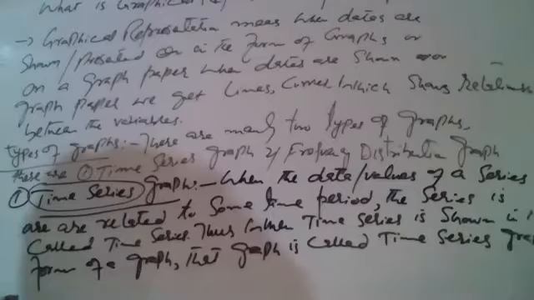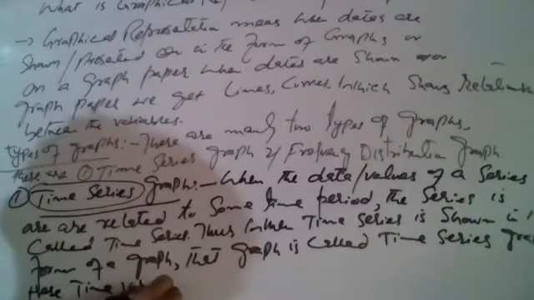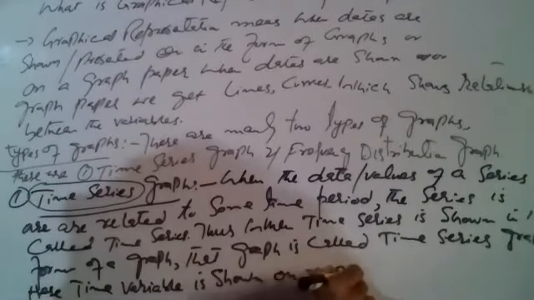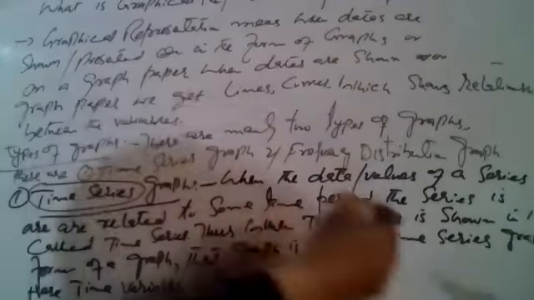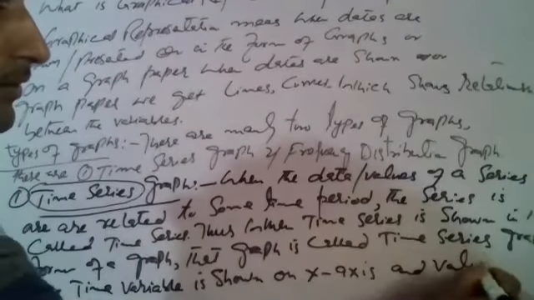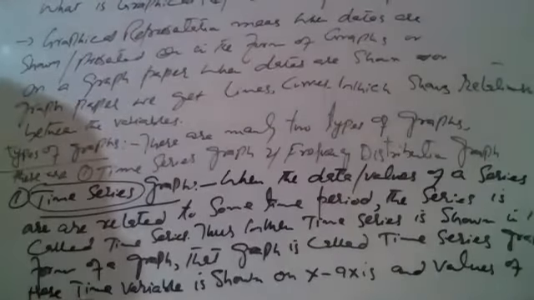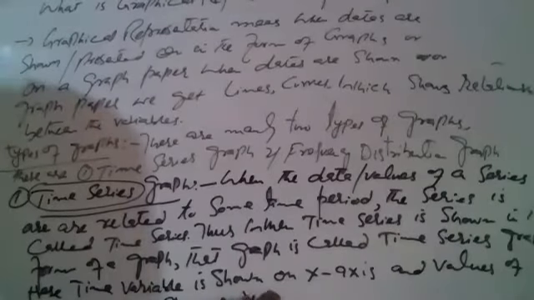So in this series, the time variable is shown on x-axis, and the values of the variable are shown on y-axis.